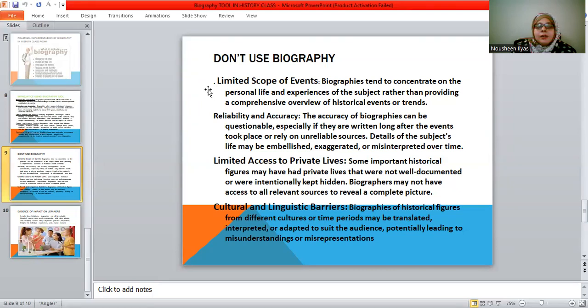For us, it's a War of Independence. For the British, it's a mutiny. So while taking these topics, be careful and try to avoid raising these cultural and linguistic barriers.